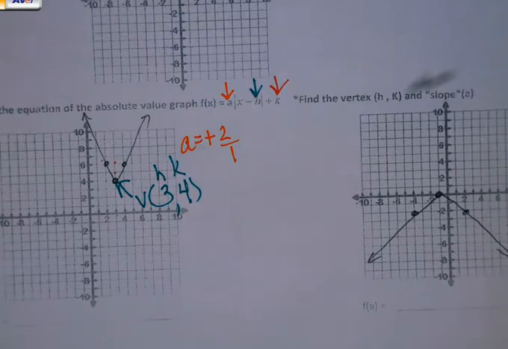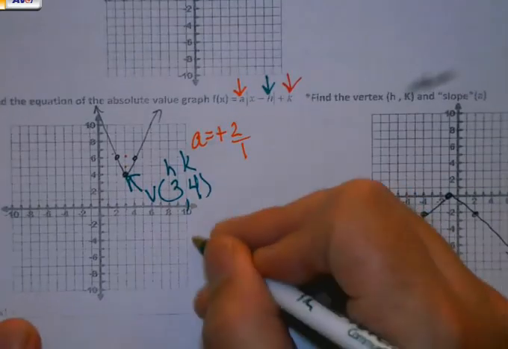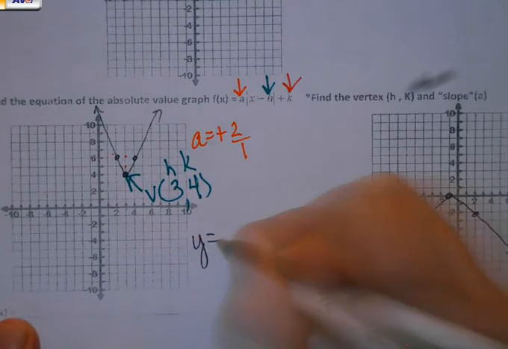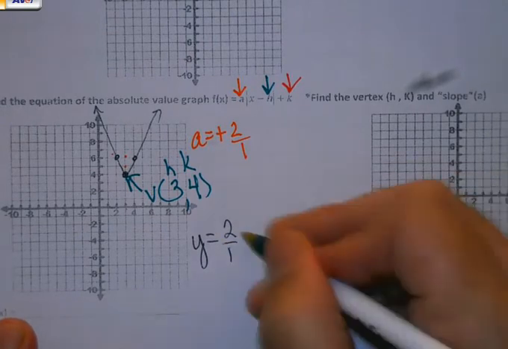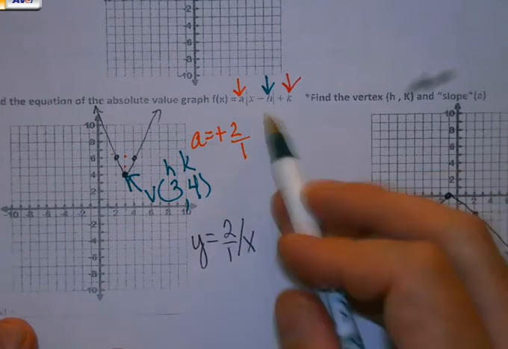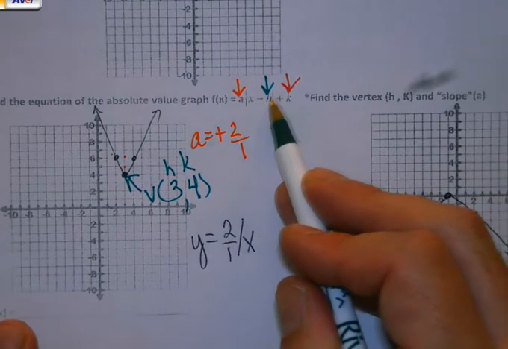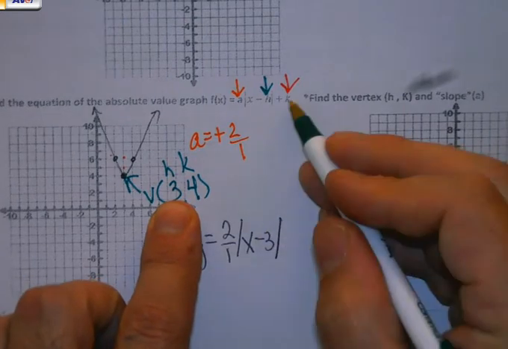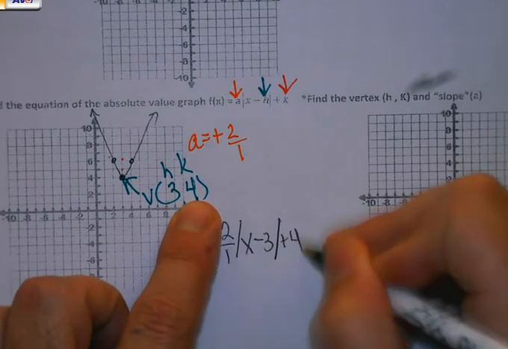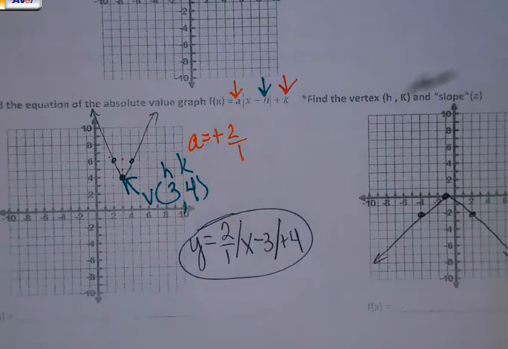If it opens up, it's positive. If it opens down, it's negative. And so now I've got everything I need to make my equation. Equals A, you could just put 2. 2 over 1 is fine. X, watch carefully, opposite of H. The opposite of 3 is negative 3. And then the plus K just means keep that sign.